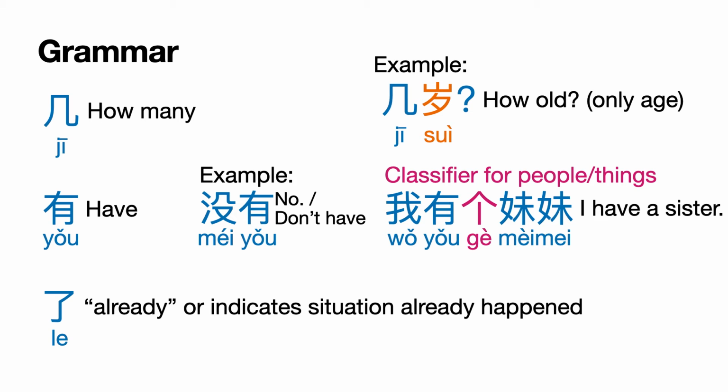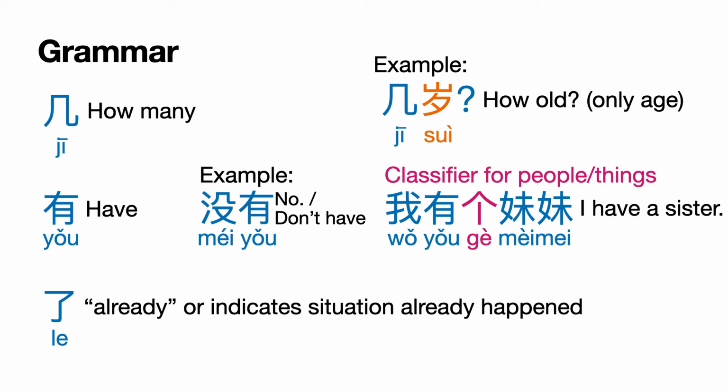And the word that you will see very frequently is 有, have. Don't have in Chinese is 没有. So how to use this word 有? For example, 我有个妹妹, I have a sister.